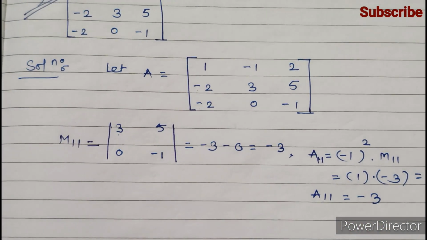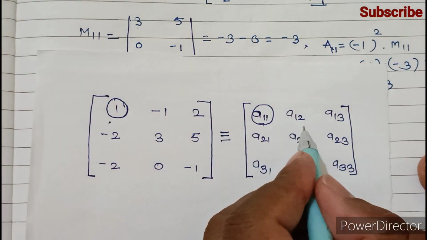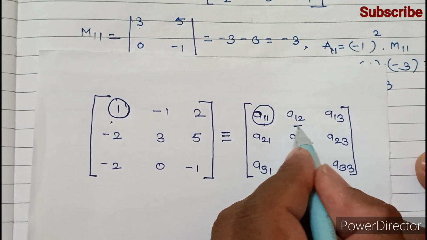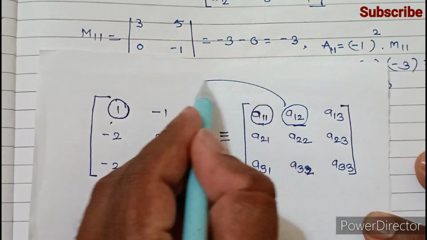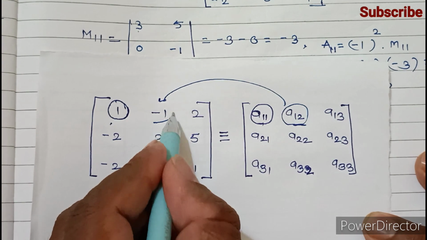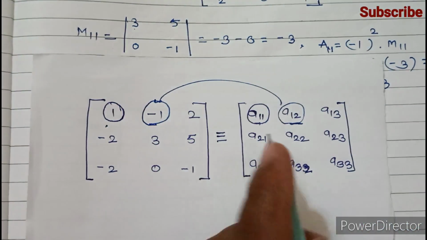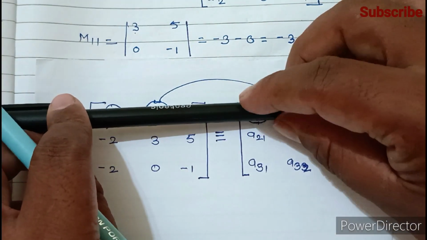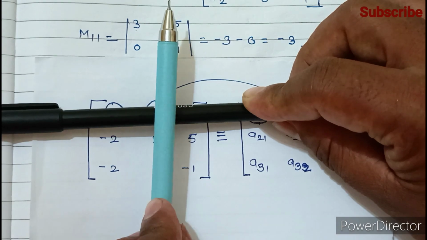Similarly, next we have to find m12. M12 will be the minor of a12, that is the minor of minus 1. For a12, drop the first row and second column.